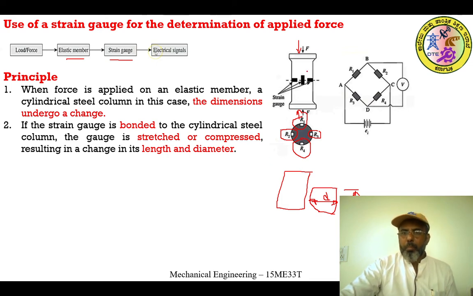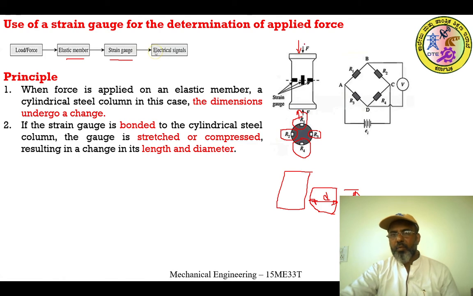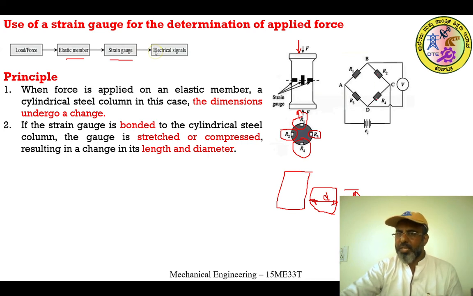Before loading the column, when there is no force, the resistances of R1, R2, R3 and R4 are the same, and when they are connected in a Wheatstone bridge, in the initial condition with no load, the output voltage will be 0.